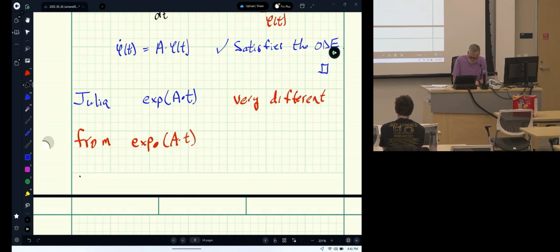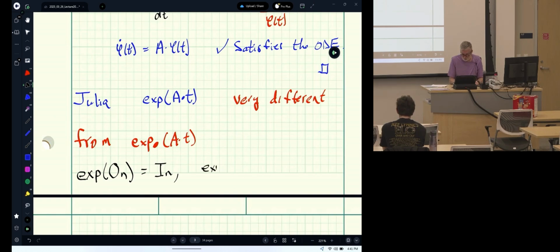To be even more clear, if I take the n by n zero matrix, the matrix exponential of that is the identity.